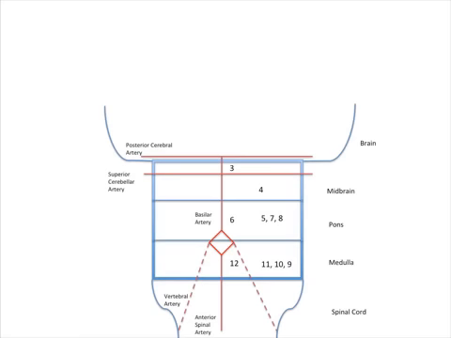Then I'd add in 2 lines up at the junction of the midbrain and brain, which represents the superior cerebellar artery and the posterior cerebral artery. Then I draw a little loop above the posterior cerebral artery, kind of a half circle, and then 2 lines projecting laterally, which are going to be the middle cerebral arteries, and 2 lines projecting superiorly, which are going to represent the anterior cerebral arteries.